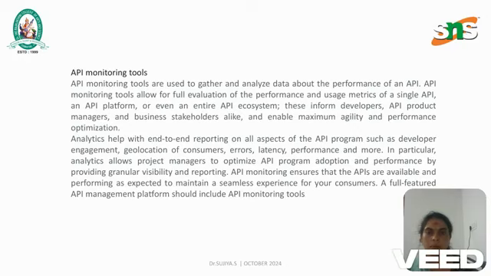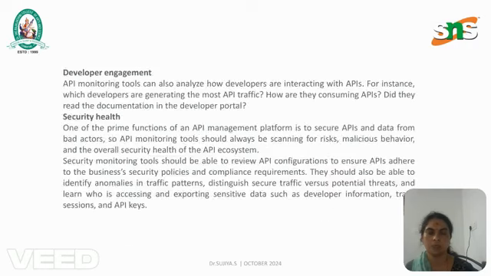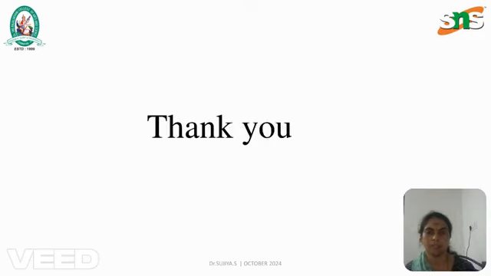API monitoring tools are used to gather and analyze data about the performance of an API, and the monitoring tool allows for full evaluation of the performance and usage metrics of a single API. Traffic analysis, API tracing and observability, performance analysis, availability and performance monitoring, developer engagement, security, and health are the basic things for managing an API. Thank you.